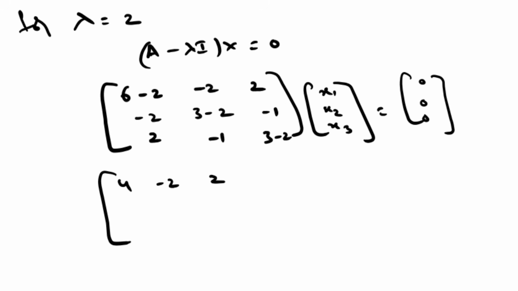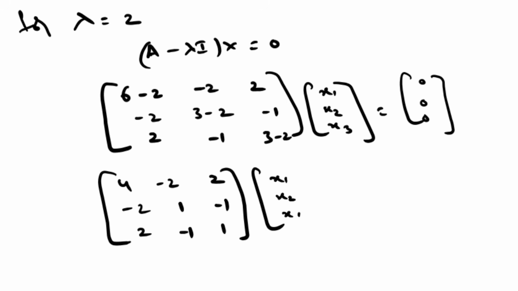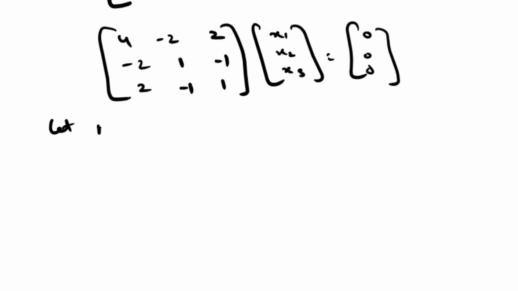That is 4 minus 2 2; minus 2 1 minus 1; 2 minus 1 1, into x1 x2 x3 is equal to 0 0 0. Let A minus lambda I is equal to 4 minus 2 2; minus 2 1 minus 1; 2 minus 1 1.